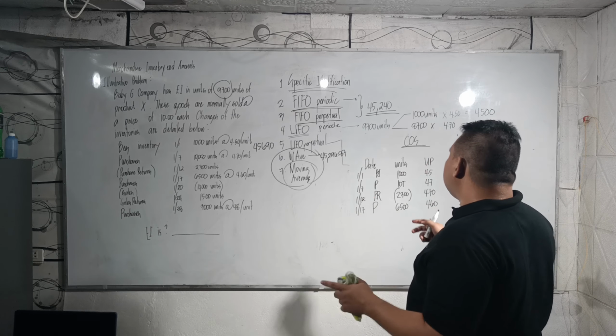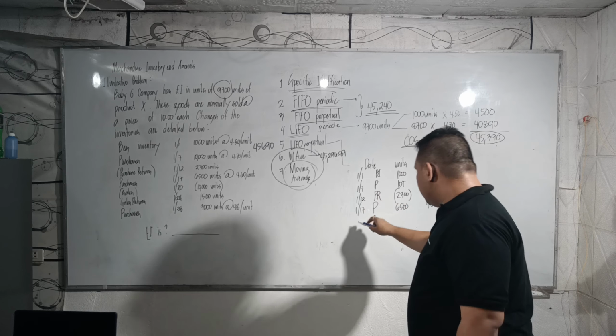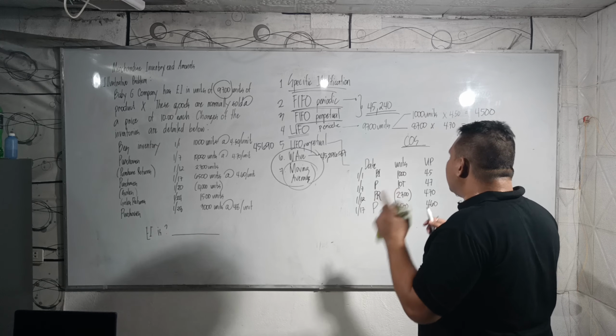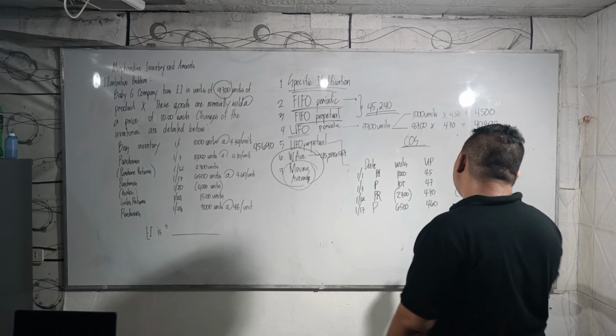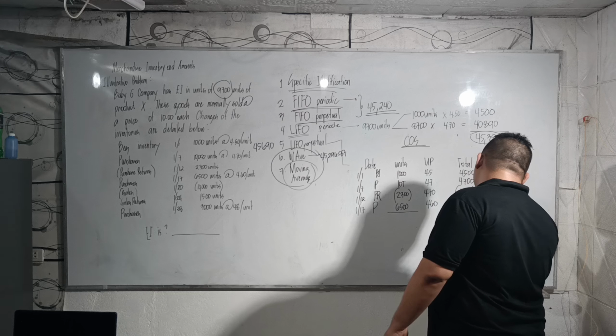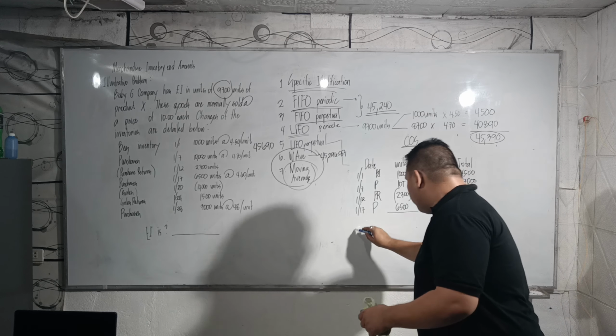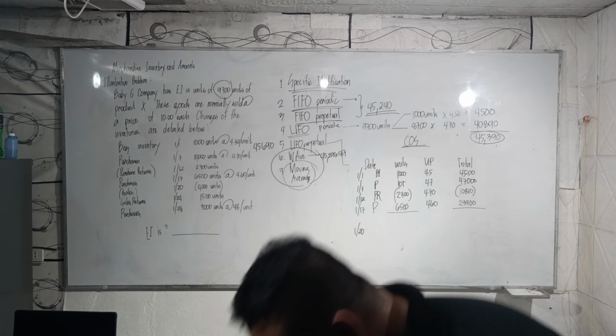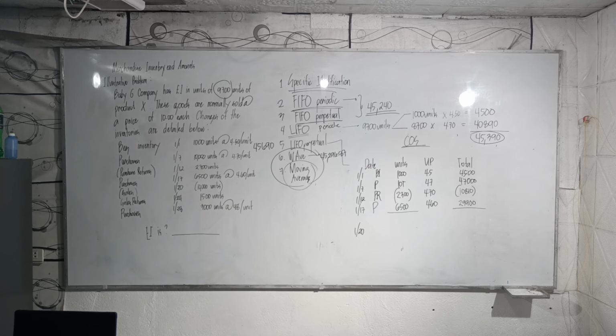However, since from purchases, the next transaction is already sales, we cannot go any further already. We have to get the average first. And how do we do that? We get the units and we get the total before we go to the sales on 1/20. So at this point, we have 29,900 minus 10,810 plus 47,000 plus 4,500.